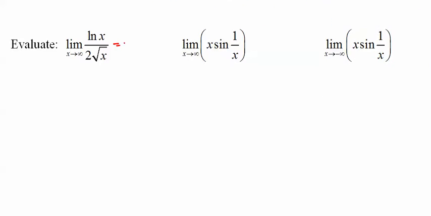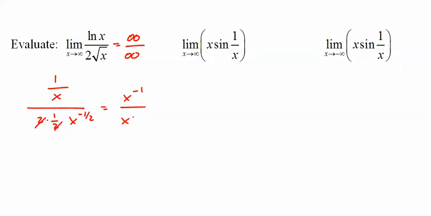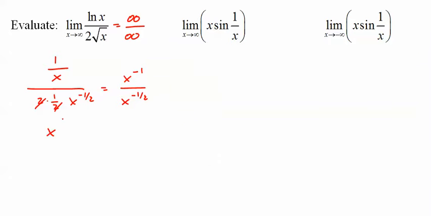Put in infinity, we'll get infinity over infinity. Take some derivatives, 1 over x over 2 times 1/2 x to the negative 1/2 equals x to the negative first over x to the negative 1/2 equals x to the 1/2 over x to the first equals x to the negative 1/2.